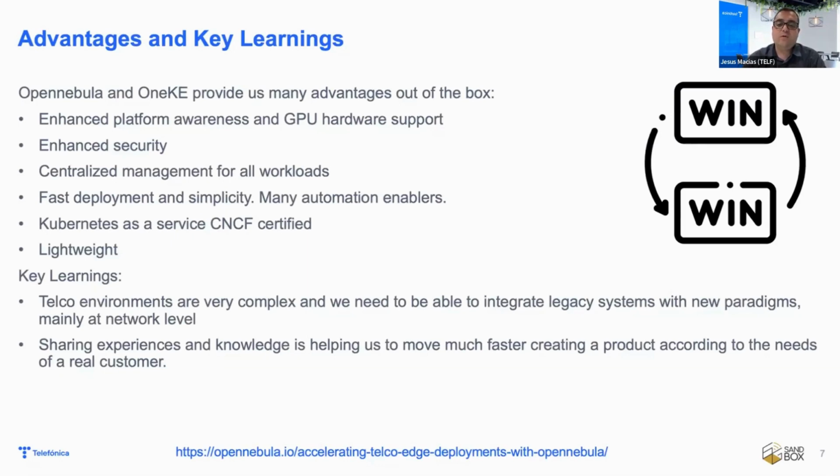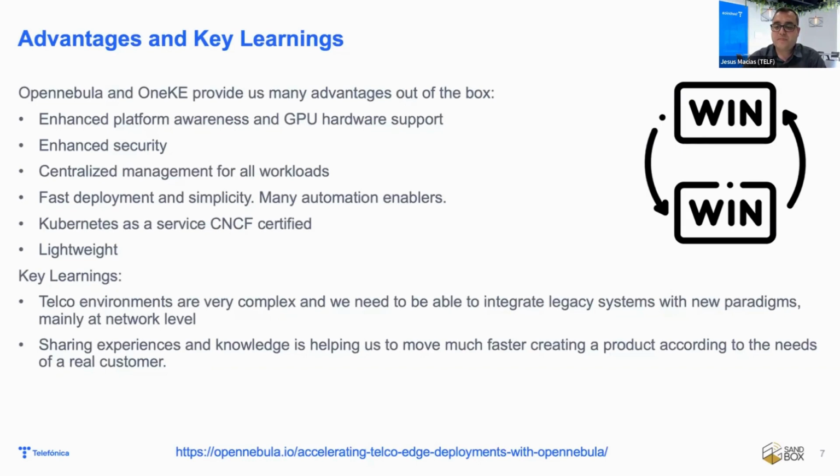Many automation enablers allow us to follow the same way of working as if we were using a public cloud. And the OneKE service is certified by the Cloud Native Computing Foundation, which warrants the quality of the service. And to finish, two key learnings.